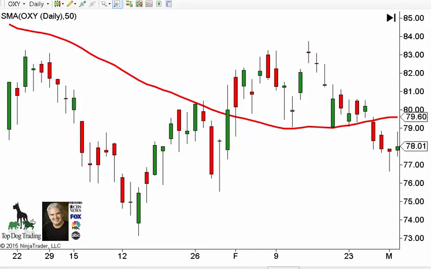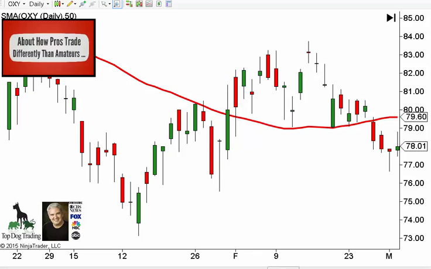One of the most common techniques that's used in technical analysis is the use of moving averages. And there are many different kinds of moving averages, different lengths of moving averages you can use.